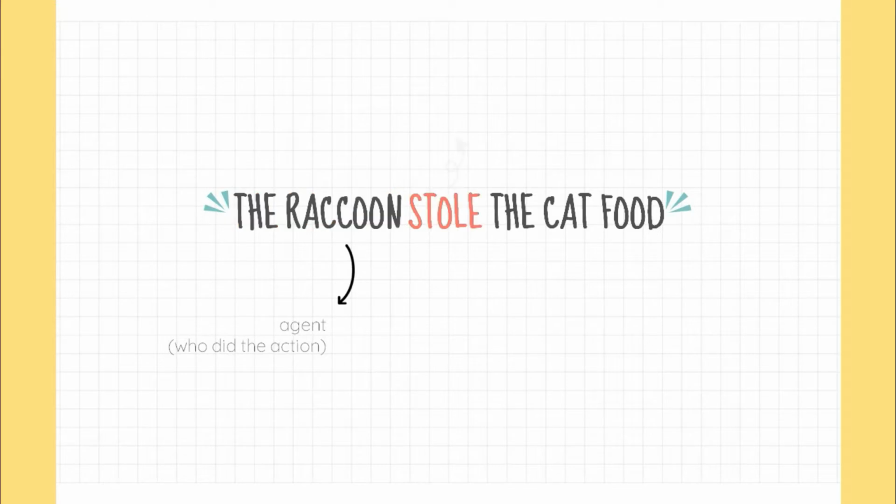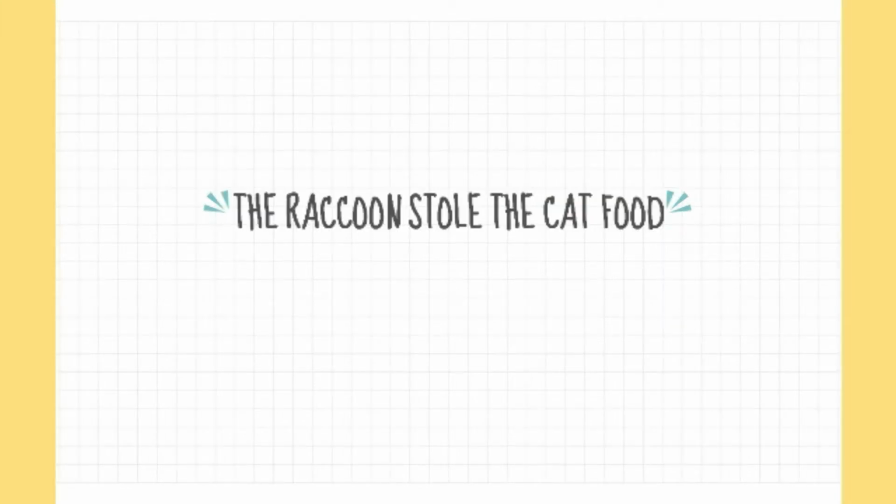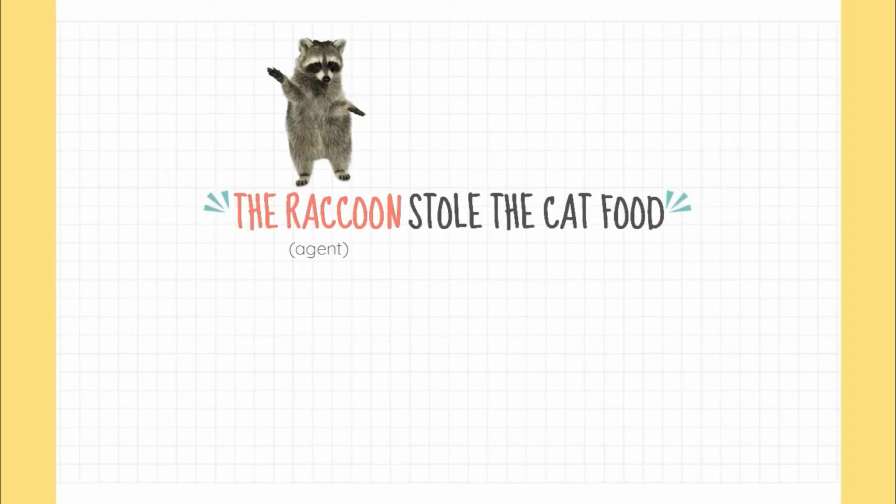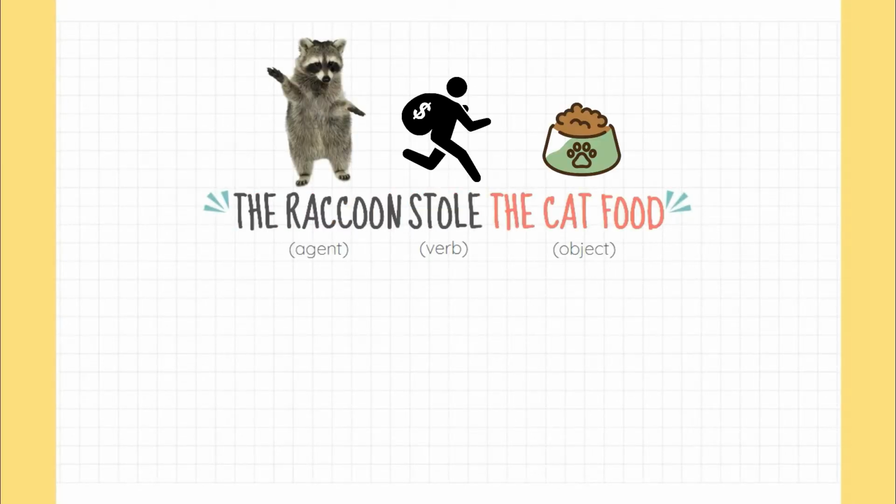We also have the verb stole, and we will call the cat food the object. In this case, the cat food is the object that receives the action. So, in this sentence, we have an agent who did an action to an object.